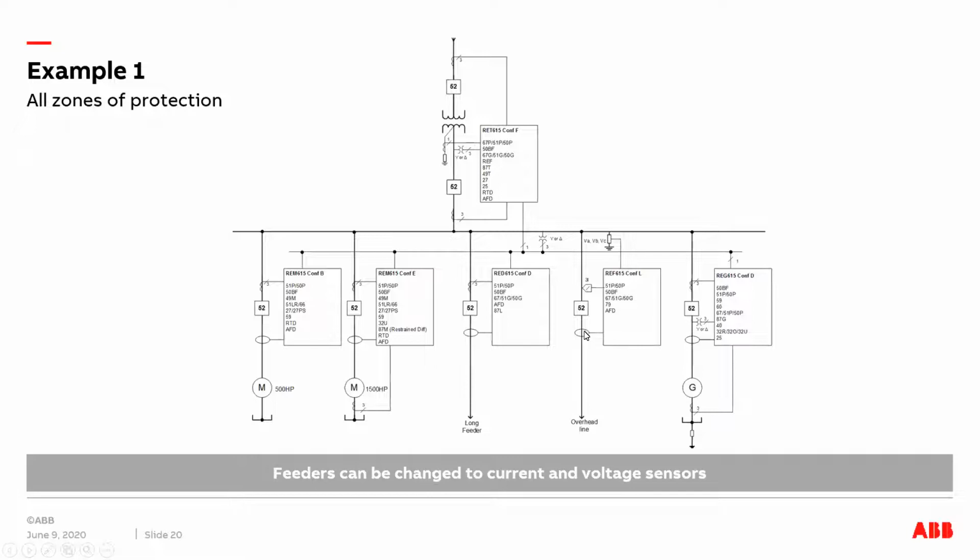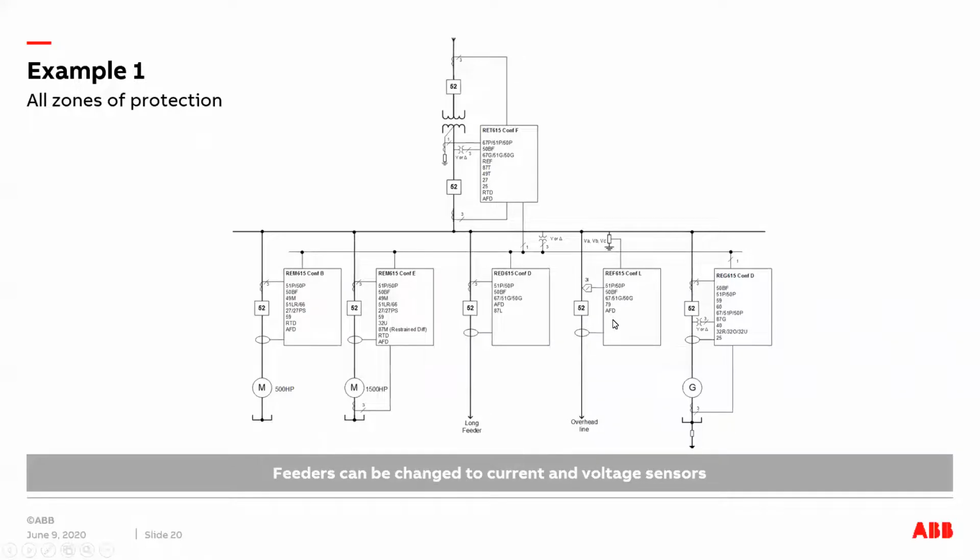For ground fault application, we would still need a ground CT, because as you see, the ground CT or the donut CT is encompassing all the three phases. So there is no sensor technology equivalent to a donut CT at the moment. So if there is a requirement to measure the ground current directly, we need to use a donut CT.